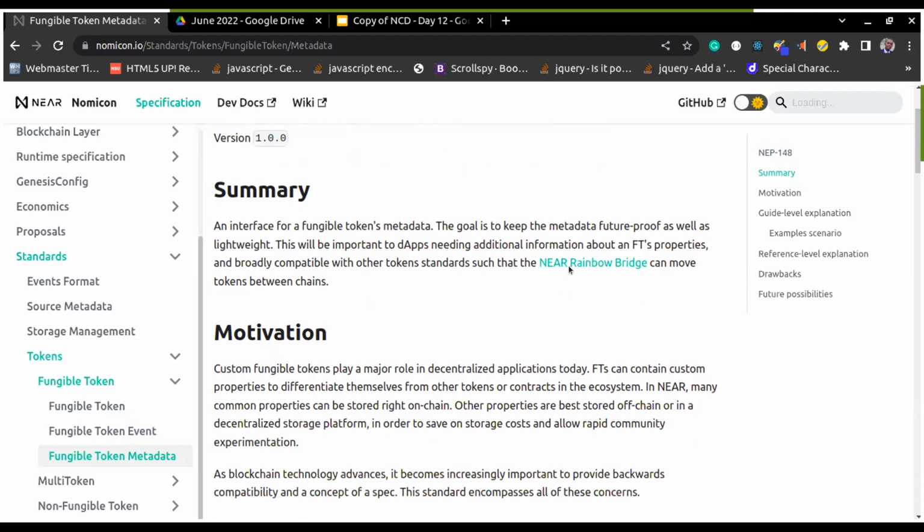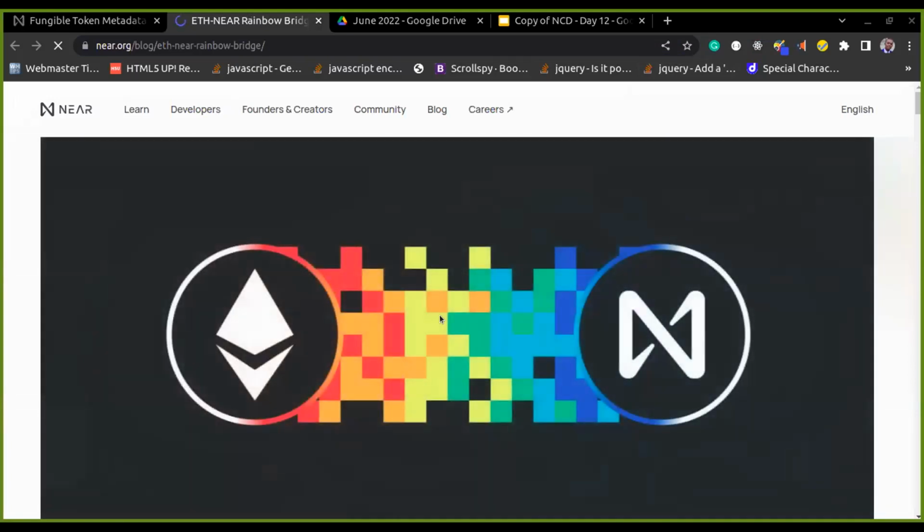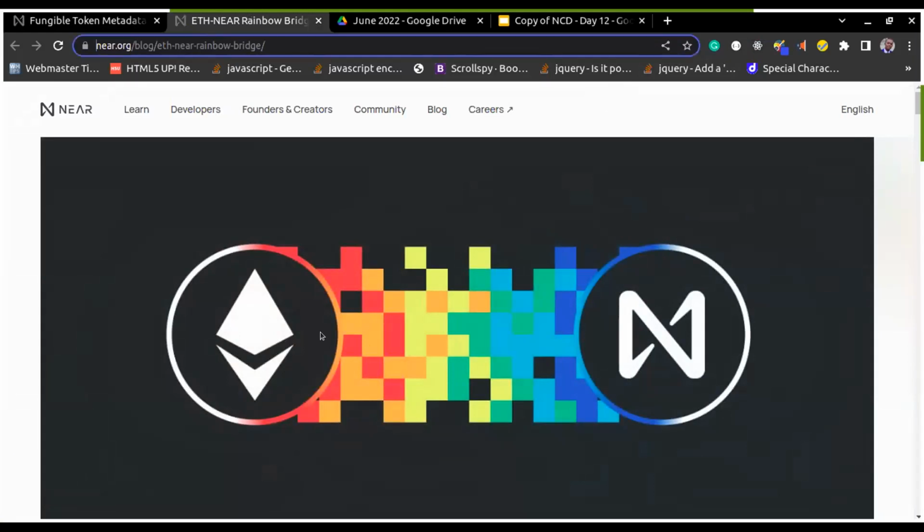So someone asked about how I can go about transferring tokens from Ethereum to NEAR. So this is what you can use to be able to achieve that. So let me just share the link with us in the chat.